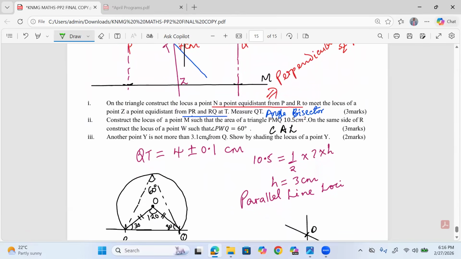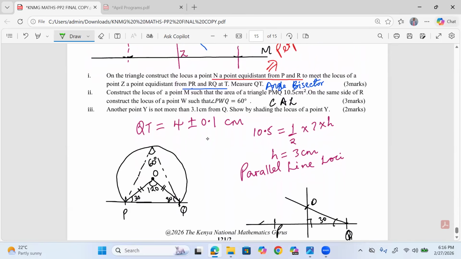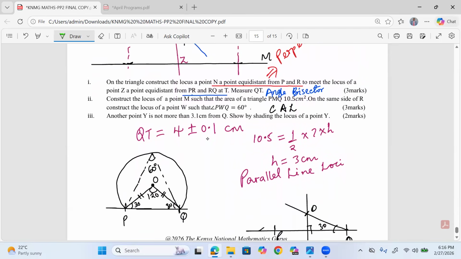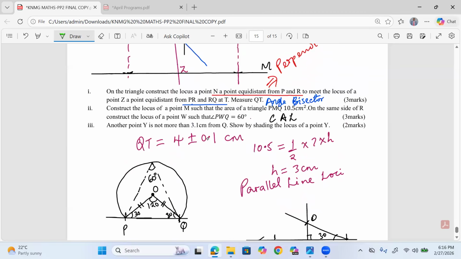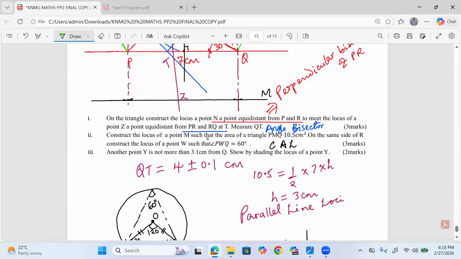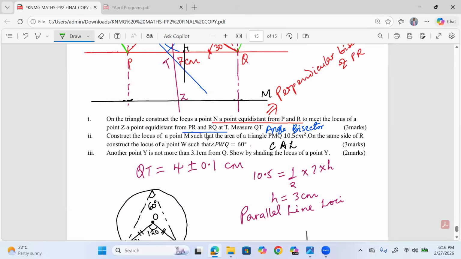So if that is known, then we have already done part 2. That is a constant angle loci.